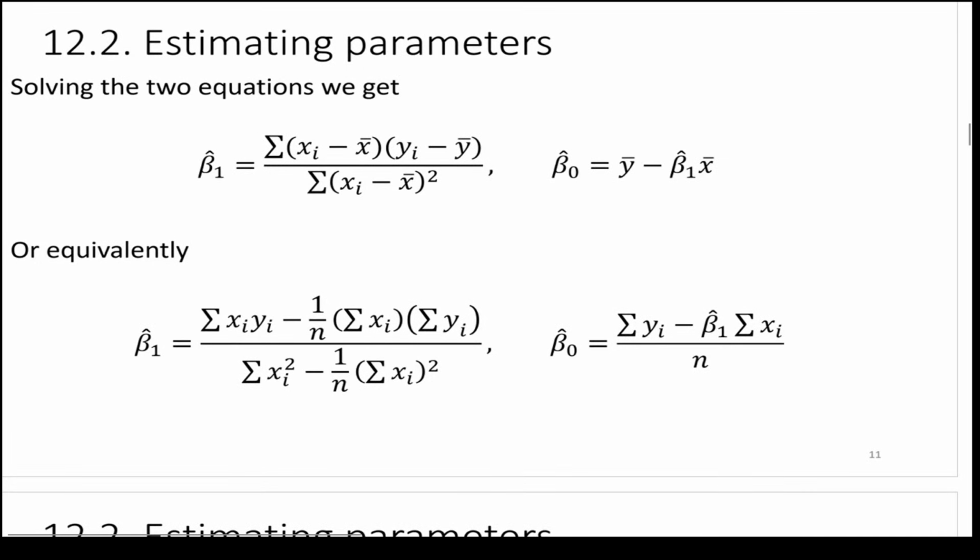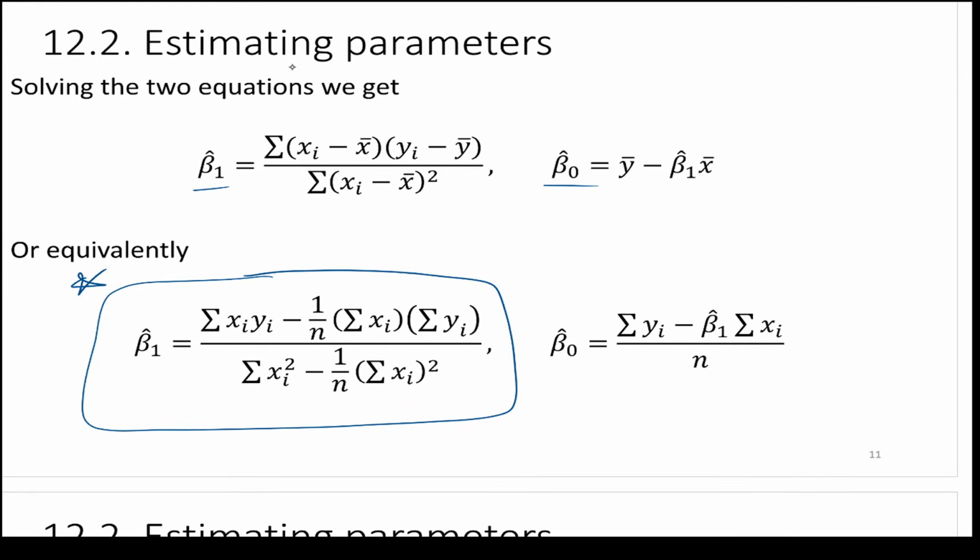Because these beta 1 hat, beta 0 hat, these two right here are not very friendly. Well, beta 0 hat's not too bad once you have beta 1 hat, but the better formula to remember is probably this one right here.